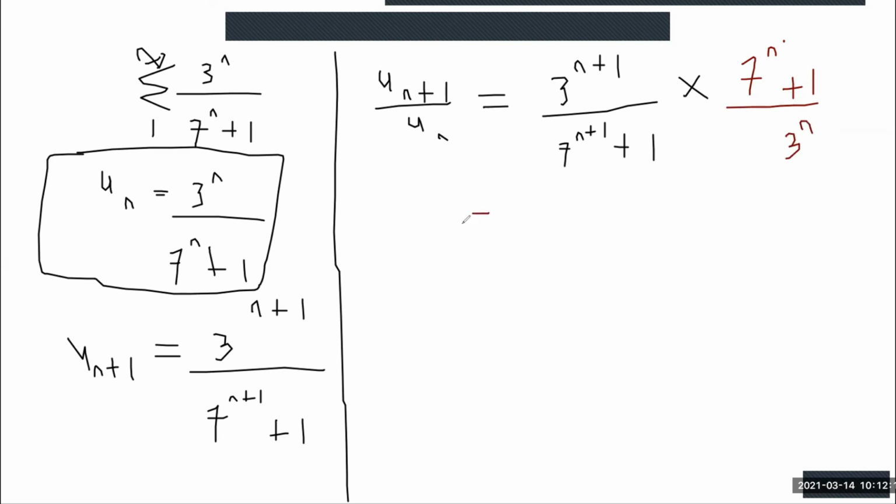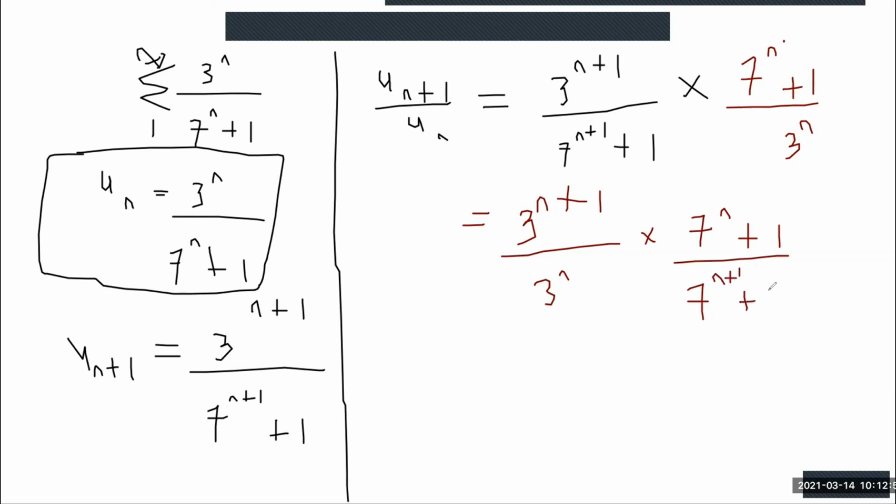So now I can evaluate this. To evaluate this, I'm going to write it as 3 to the n plus 1 over 3 to the n multiplied by 7 to the n plus 1 over 7 to the n plus 1 plus 1.